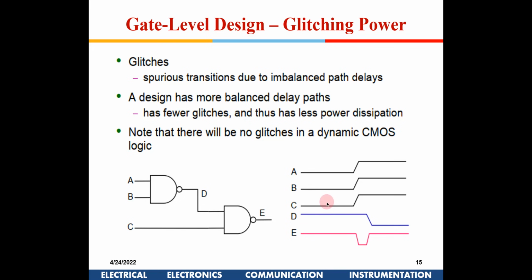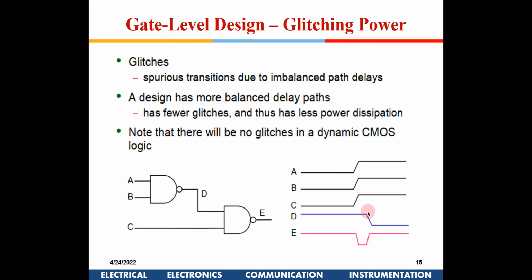For 0 0 0 and for 1 1 1, for these three combinations, the output is supposed to be high only. But because this gate is not placed symmetrically, the C signal is going high at t equal to 0, whereas D is going to low after a certain time gap.